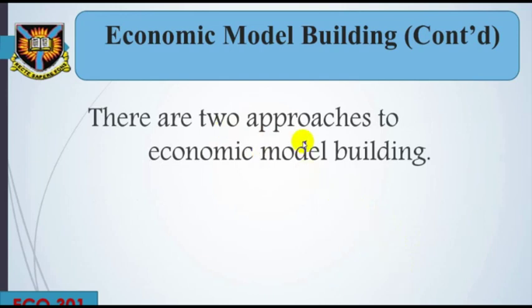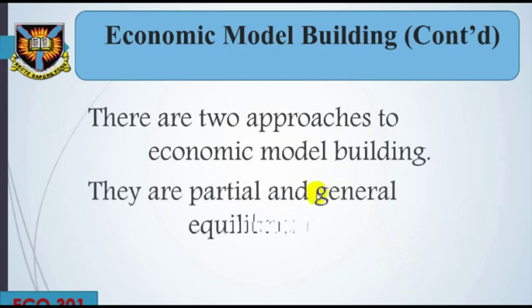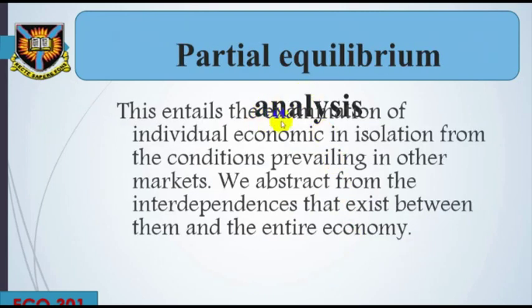There are two approaches to economic model building. They are partial and general equilibrium analysis. Partial equilibrium analysis entails the examination of individual markets in isolation from the conditions prevailing in other markets. We abstract from the interdependencies that exist between them and the entire economy.